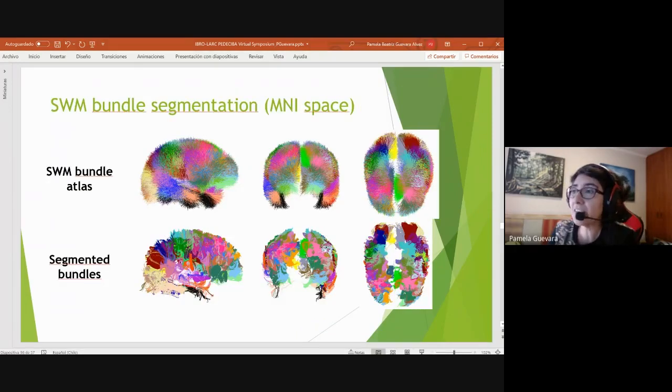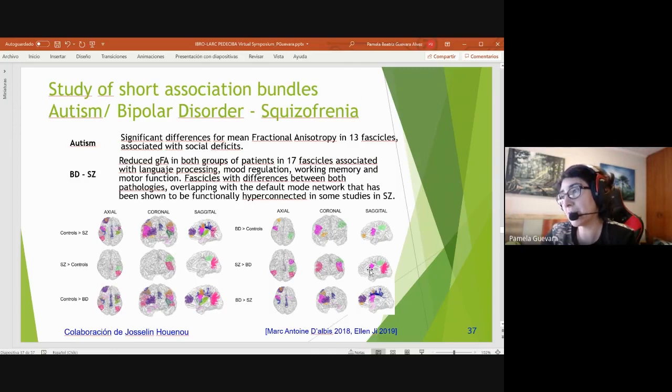Here you can see the segmentation of some subject. It's not perfect. This data is not excellent, but it's what you can get from a standard scanner. And from these bundles, I think the main thing you can do is to extract the mean FA and compare. And some studies have been performed following this idea.